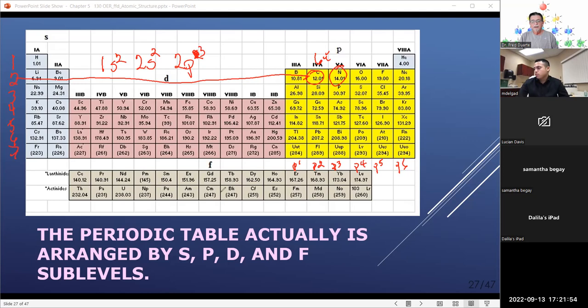Okay. Now let's say I want to do neon. Well, I know there's 10 electrons there, and I'm still going across. So that P is P6. So now I filled it already. 1s2, 2s2, 2p6. Okay. That's the electron configuration for neon. And if I went down to sodium, that's 11.